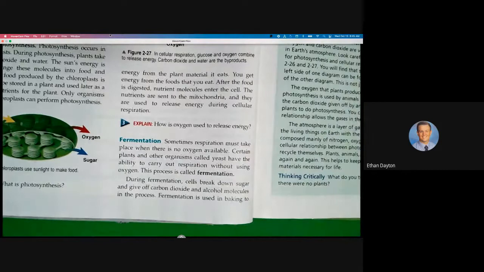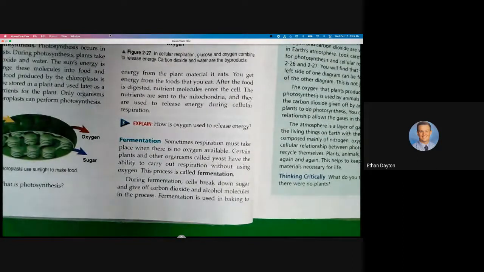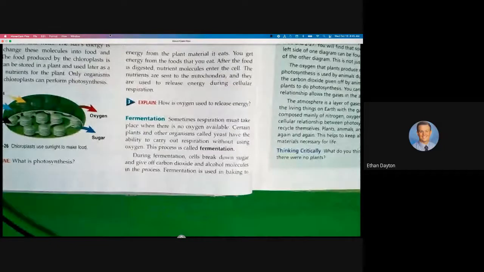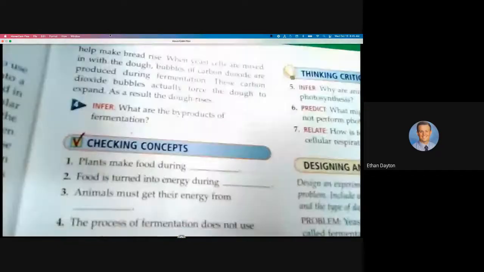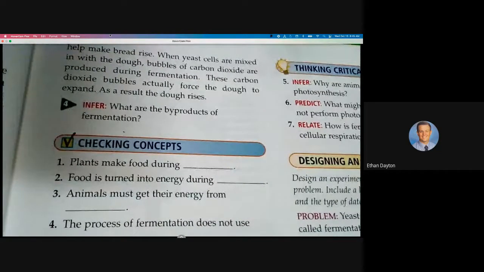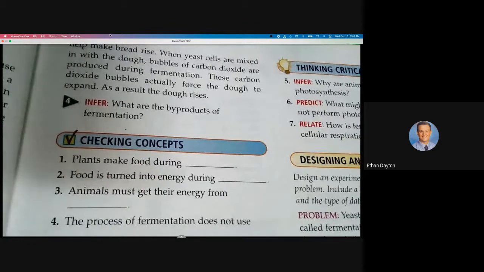During fermentation, cells break down sugar and give off carbon dioxide and alcohol molecules in the process. Fermentation is used in baking to help make bread rise. When yeast cells are mixed with the dough, bubbles of carbon dioxide are produced during fermentation. These carbon dioxide bubbles actually force the dough to expand. As a result, the dough rises.